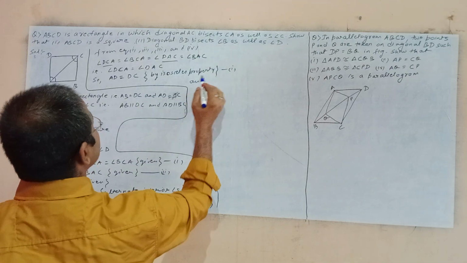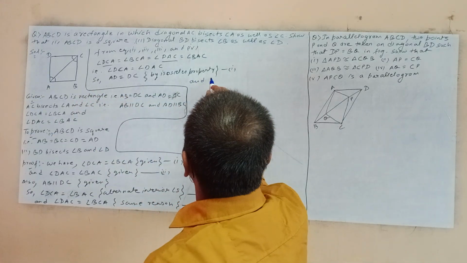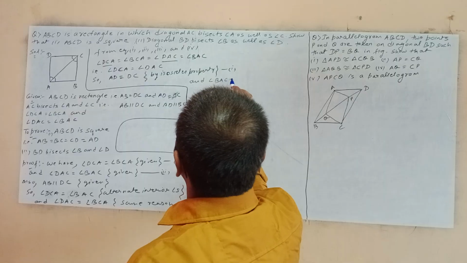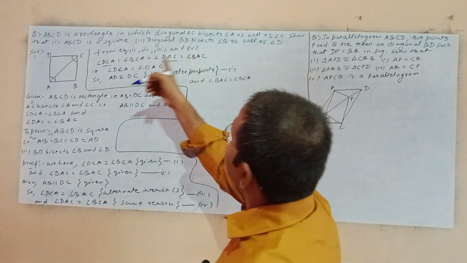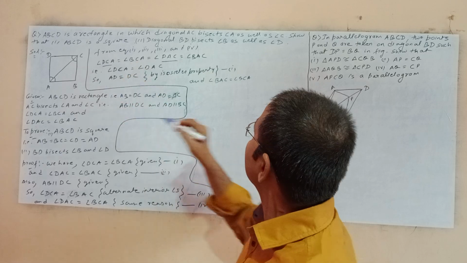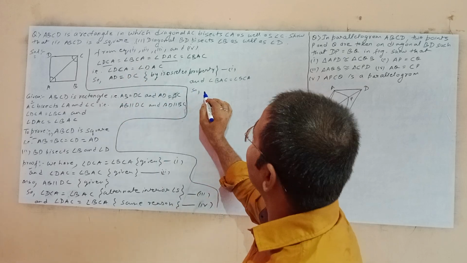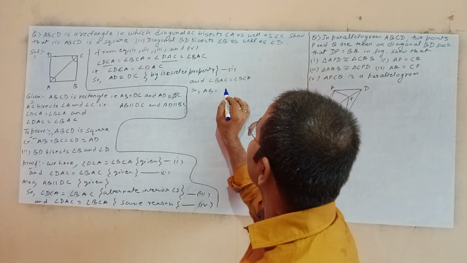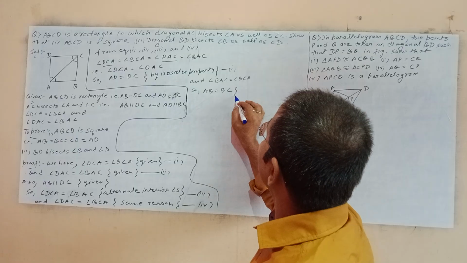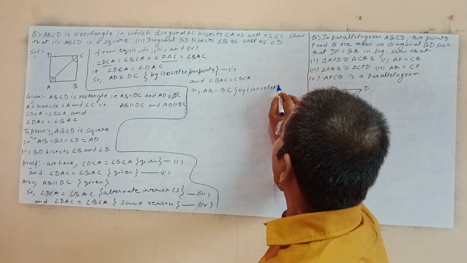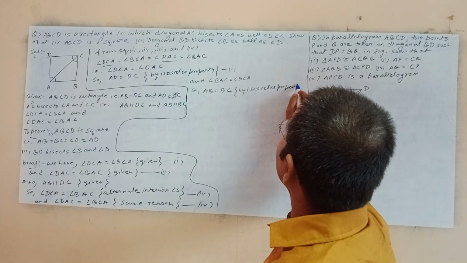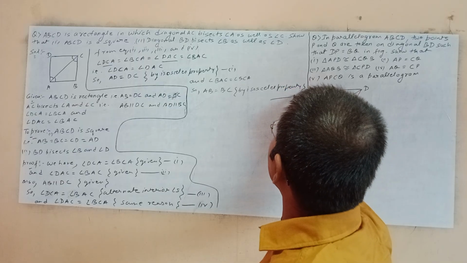And angle BAC is equal to angle BCA. So what will happen? AB is equal to BC, again by the isosceles property. Take it as the second equation.